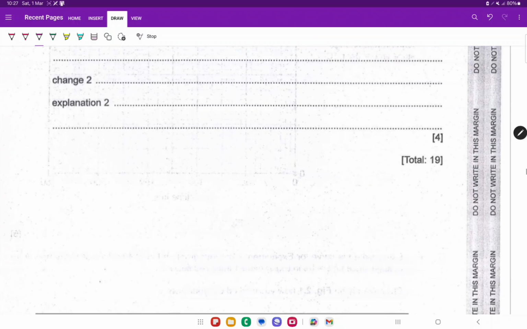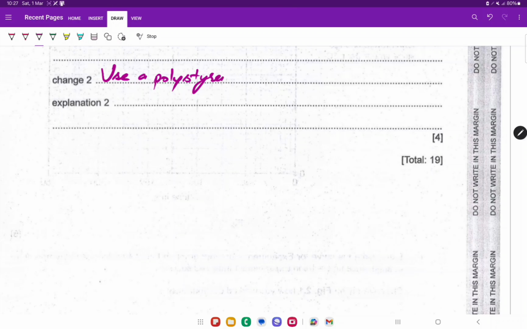And the answer, change number two, is use a polystyrene cup with a lid for insulation instead of a beaker.